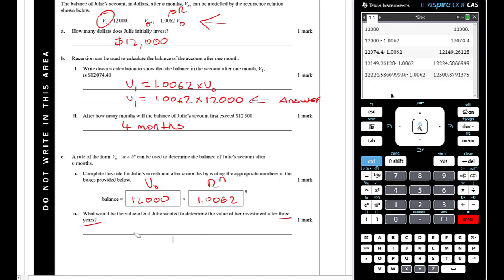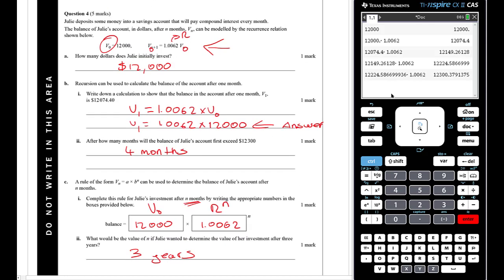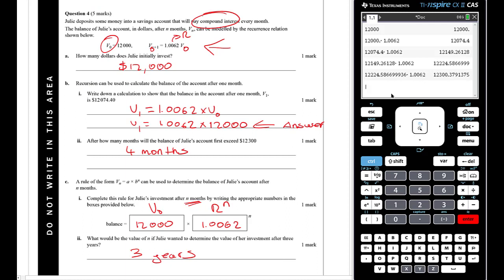What you're after here is that it's after n months. You would have noticed up the top that it's compounding every month.